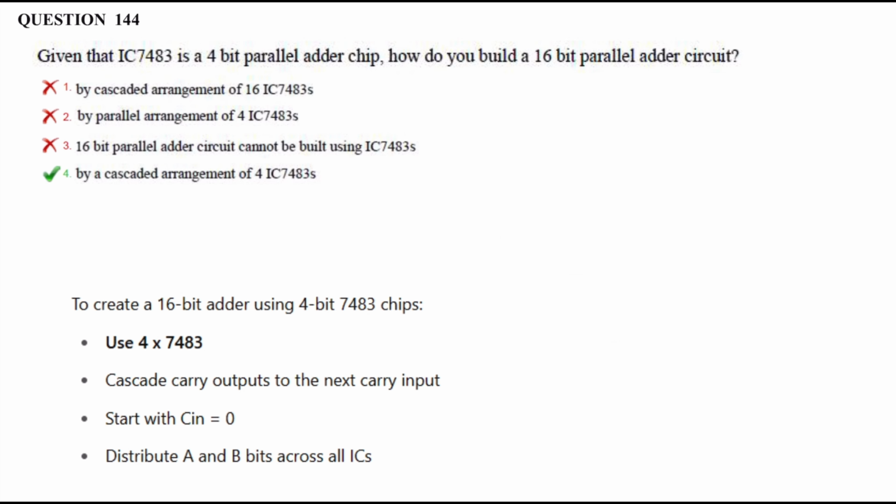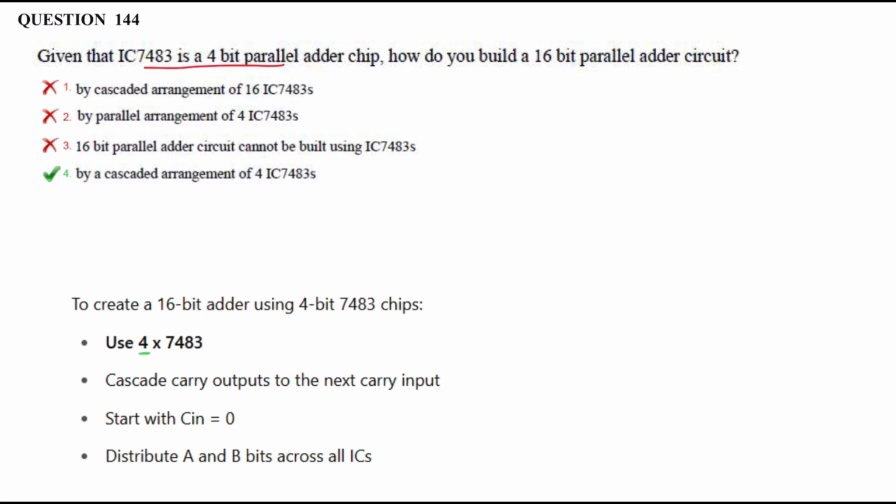Given that IC7483 is a 4-bit parallel adder chip, how do you build a 16-bit parallel adder chip? In the question, it has been mentioned that IC7483 is a 4-bit parallel adder chip. To create a 16-bit adder using 4-bit 7483 chips, we need to use 4 quantity of 7483 chips.